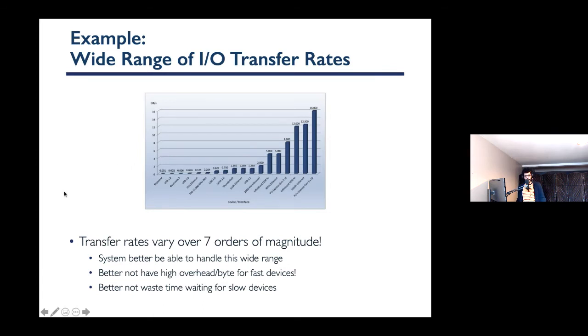Whereas you have some PCIe devices at the other end of this spectrum where they have to transfer gigabytes of data every second. So you have this whole spectrum of devices with different transfer rates. And as always, we look at these because we as operating system designers have to know about trends in hardware to then think about designing software to manage them.